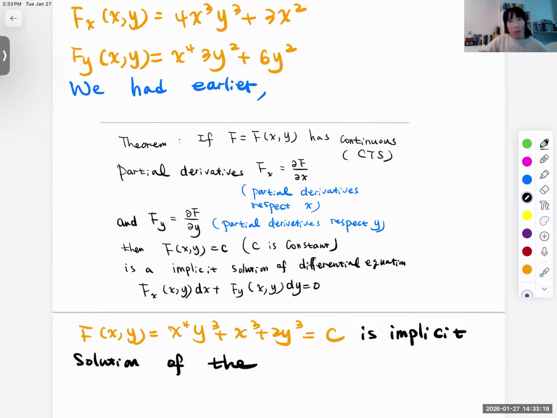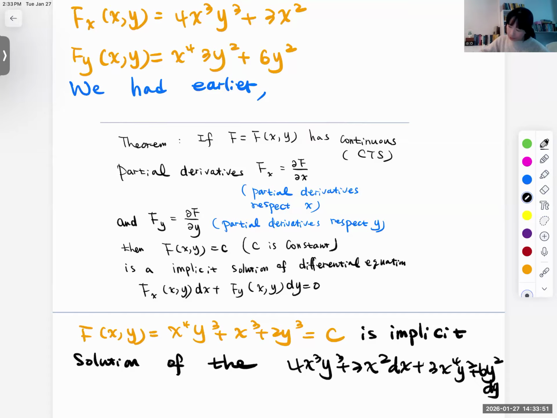So 4x to the third, y to the third plus 3x squared dx, right? Plus x to the fourth, 3y to the, okay, let me arrange a little bit. 3x to the fourth power, y to the second power plus 6y squared dy, right?